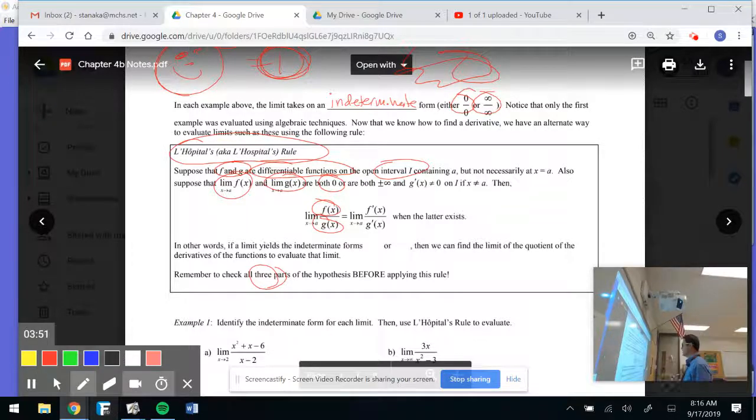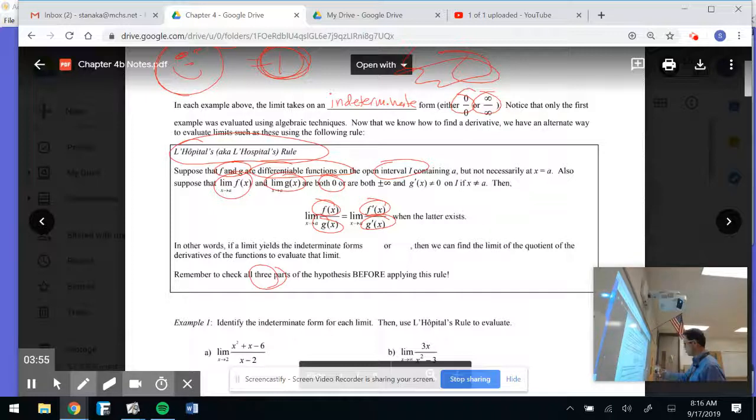And the last one is you've got to be able to take derivatives of them. So 1, 2, and 3. You can make a little list right here if you want to. I'll say it again. 1, f and g are differentiable. 2, the limits both have to give indeterminate results of 0 over 0 or infinity over infinity. And 3, you must be able to take derivatives of them.